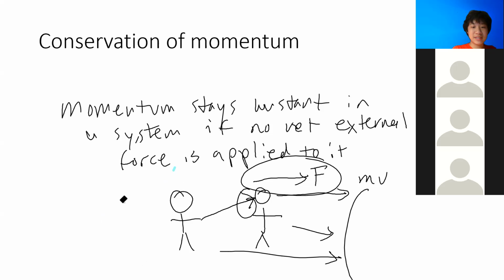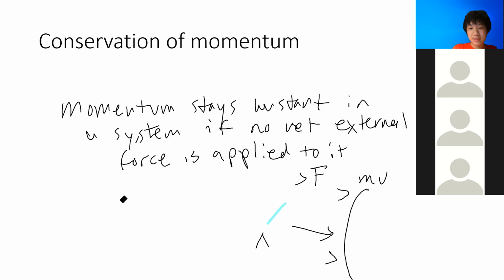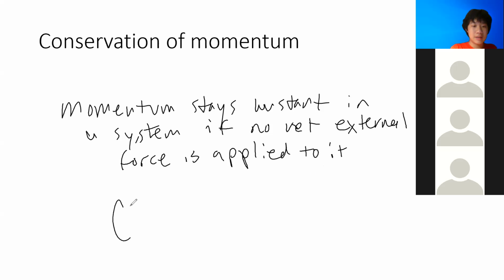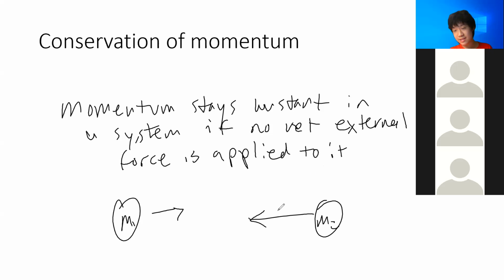And what this also means is that if we have a system of objects moving, let's just say we have mass 1 moving this way, mass 2 moving this way, the momentum of the center of mass of these two objects, the velocity specifically of the center of mass, stays constant.